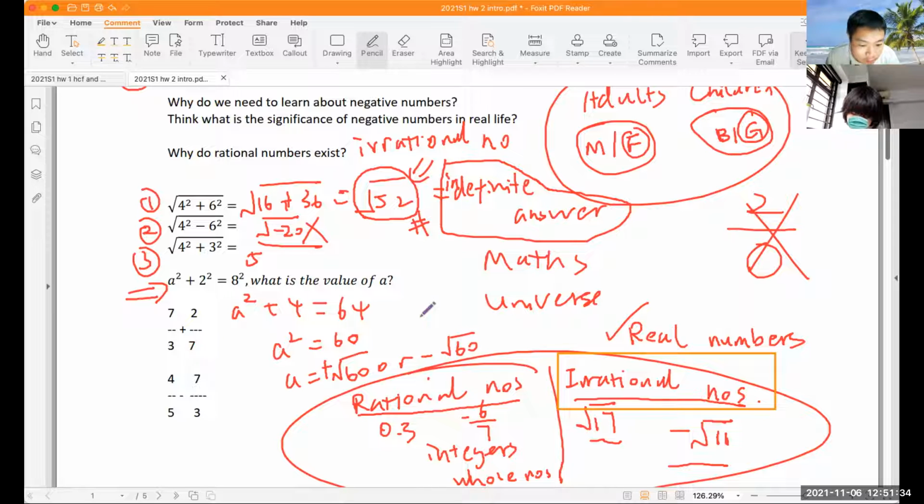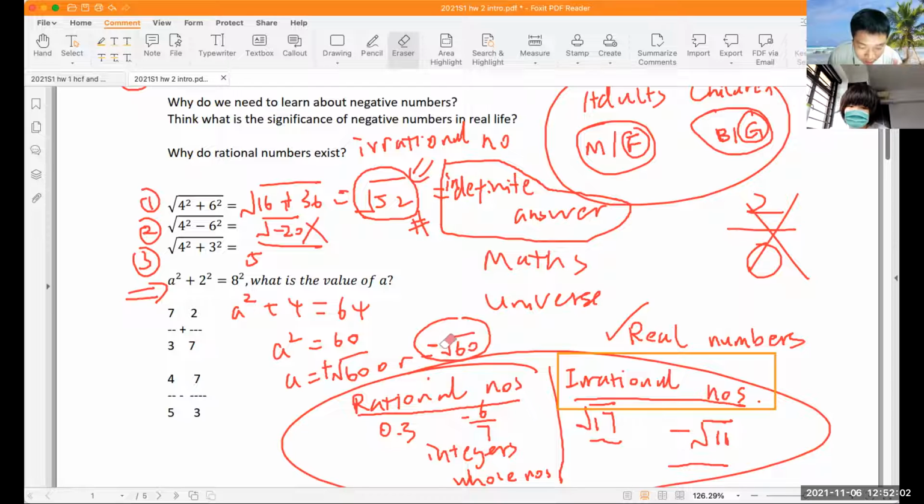Okay, so I hope you know that negative square root 60 is different from square root negative 60. You cannot do this. Square root negative number is not allowed. But negative then square root is allowed. I hope you see the difference. Can you see the difference or not?